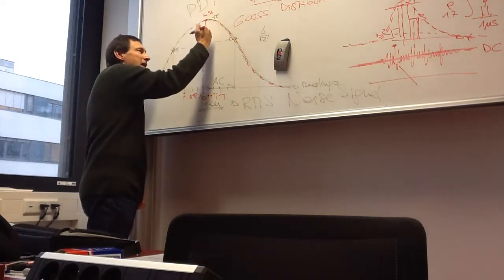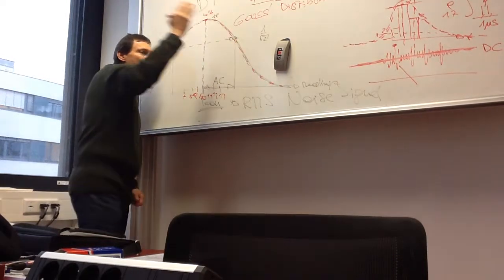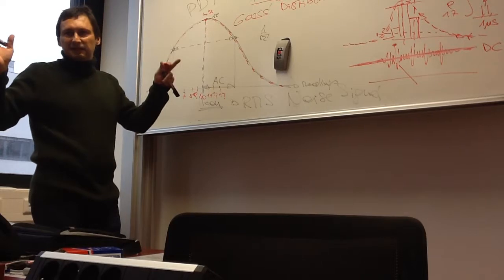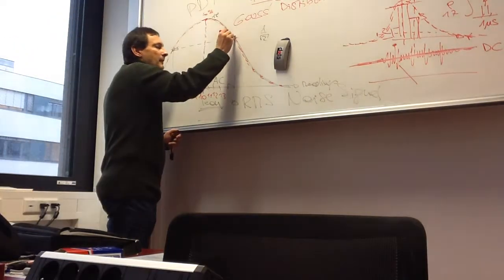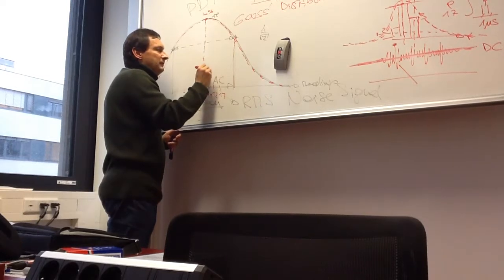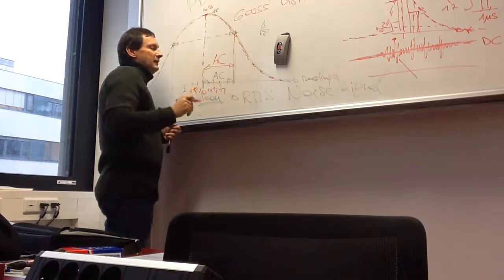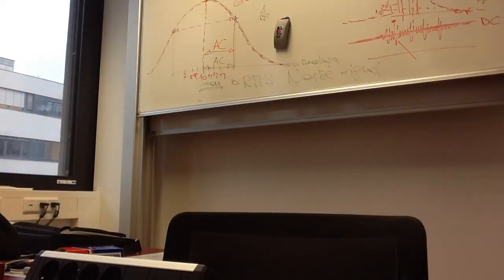And if we go down from the peak by a factor 1 over square root of 2, that's the standard deviation, normal in statistics. This value, apart from the mean value, is defined as the RMS value of our stochastic signal.